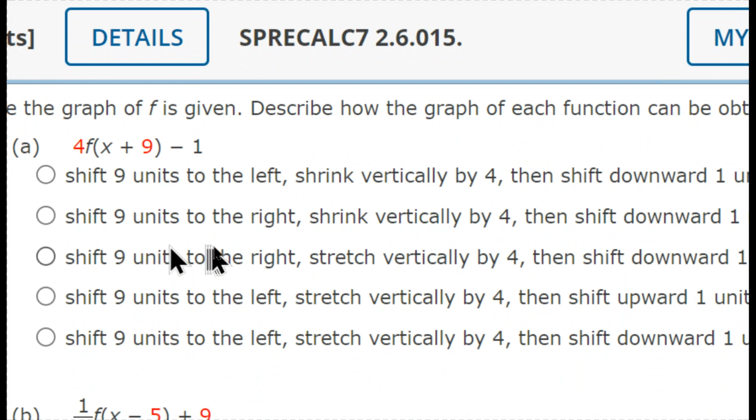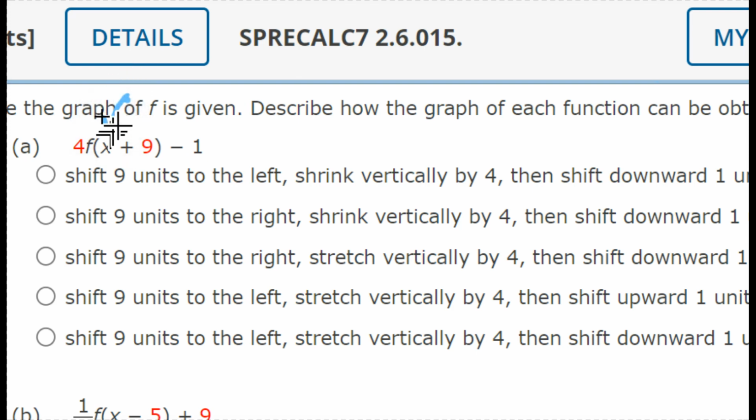Now we have a combination of both modifications to the x value and to the y value. So probably focus on the modification to the x value first, right?